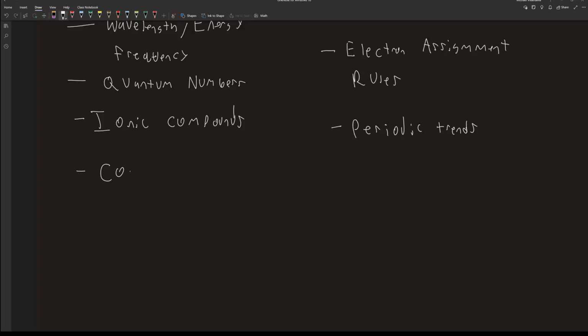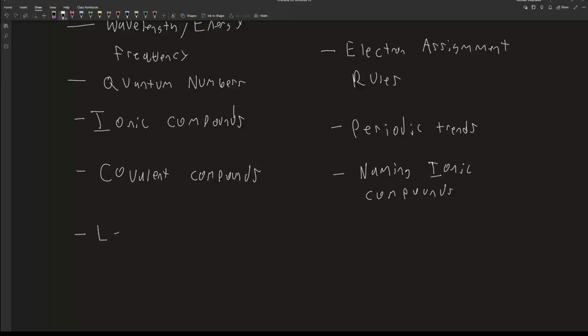Covalent compounds. Naming ionic compounds. Let's see what else. Still got a bit more.